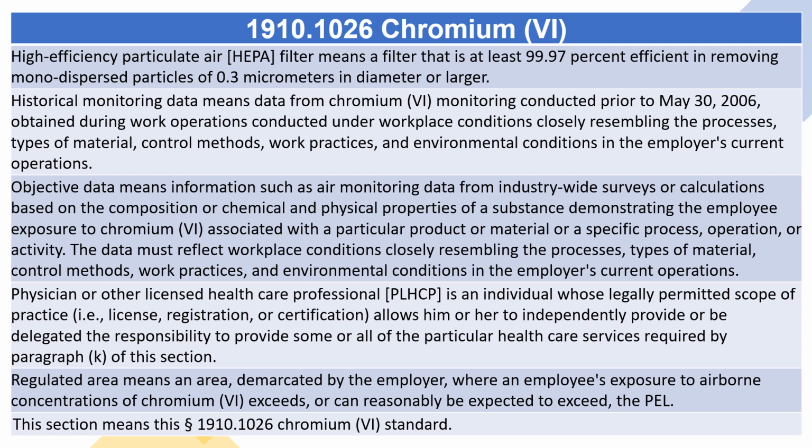Objective data means information such as air monitoring data from industry-wide surveys or calculations based on the composition or chemical and physical properties of a substance demonstrating the employee exposure to chromium (VI) associated with a particular product or material or a specific process, operation, or activity. The data must reflect workplace conditions closely resembling the processes, types of material, control methods, work practices, and environmental conditions in the employer's current operations.